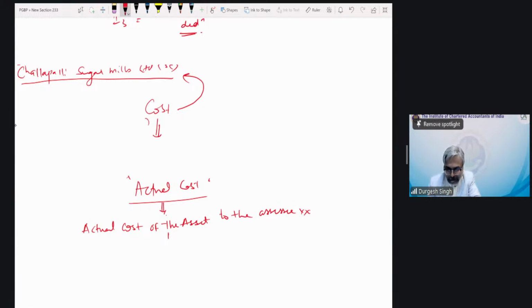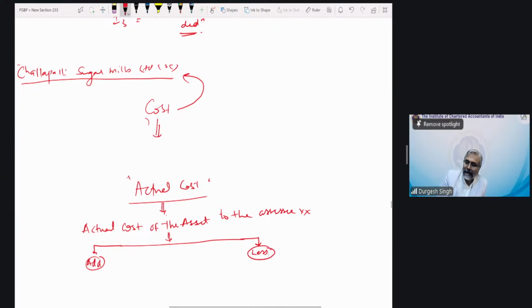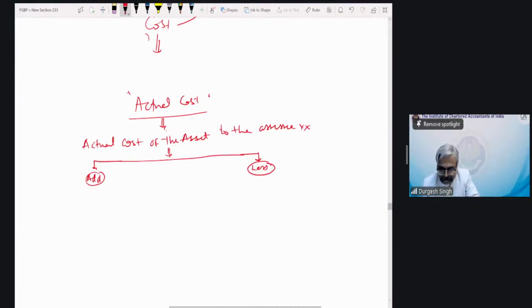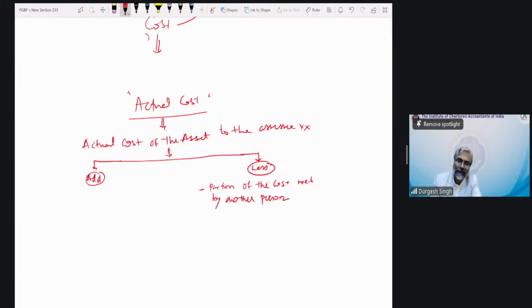Then you can see there is going to be some plus and some minus. Less: portion of the cost met by another person. That is one aspect.